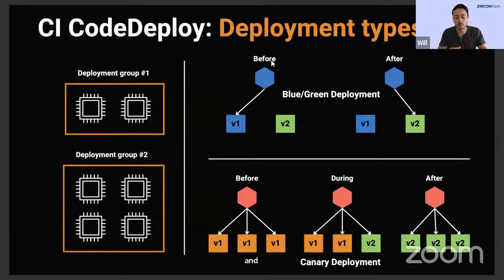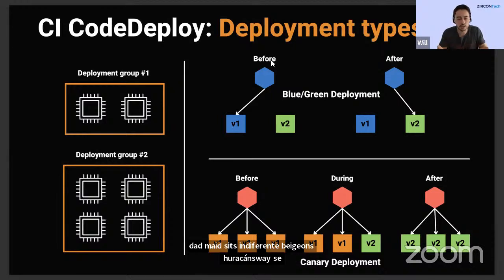So now in terms of deployment types that CodeDeploy offers, we have a few options again. On the left side of the presentation, we can first group our servers into what's called a deployment group. And this means that we can support a complex deployment with different sets of instances or servers that may exist in different regions or accounts, right? So we can consider them as part of the same deployment process.